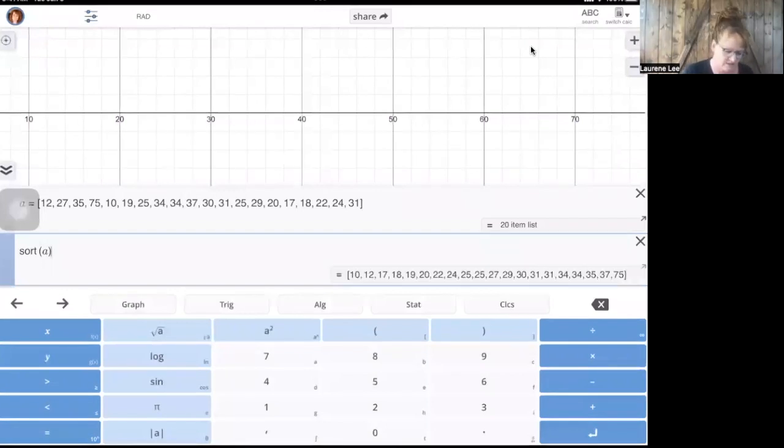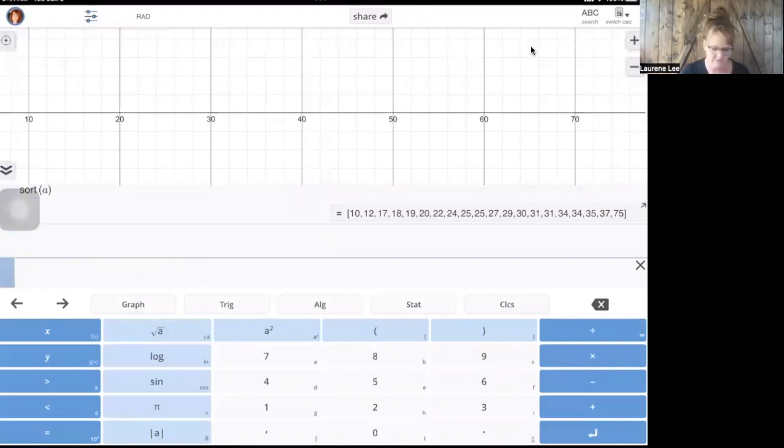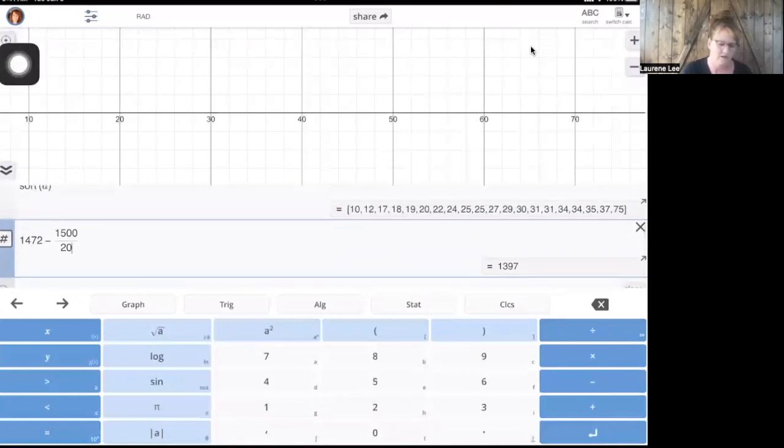So I'm going to come down here and I'm going to do 1472 minus 1,500 divided by 20. Do you see what this looks like here? That's what the TI is doing. It's calculating it like that because all it understands is you want to divide that 1,500 by 20.